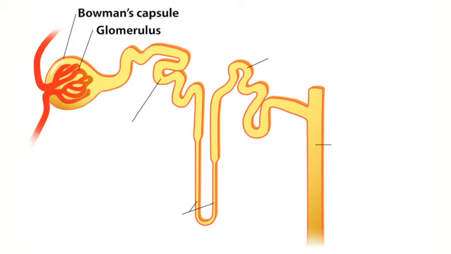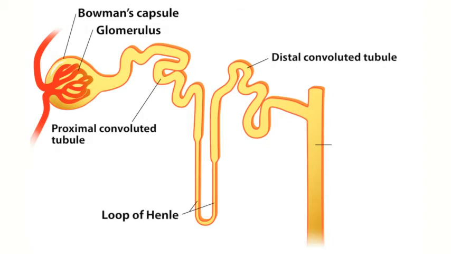This fluid, called a filtrate, is received by the Bowman's capsule and passes through the three sections of the renal tubule, which are the proximal convoluted tubule, the loop of Henle, and the distal convoluted tubule.